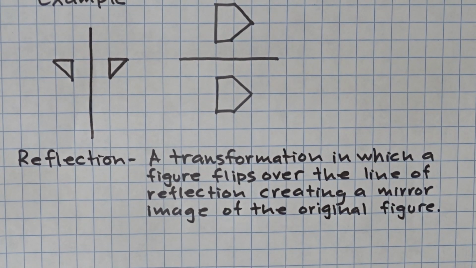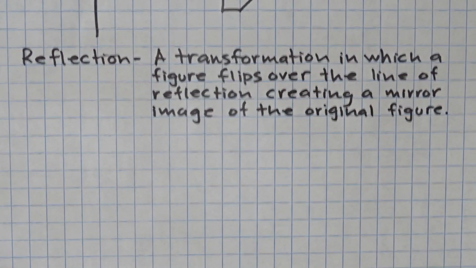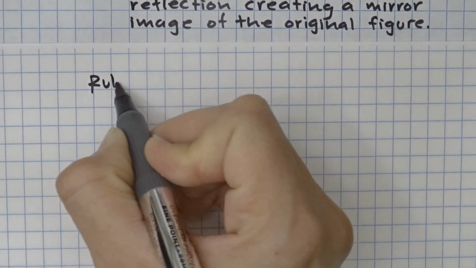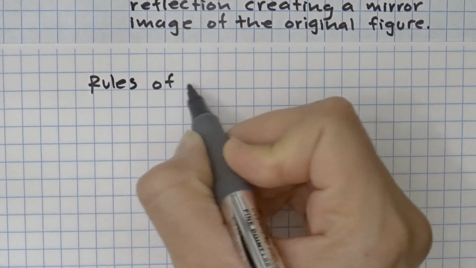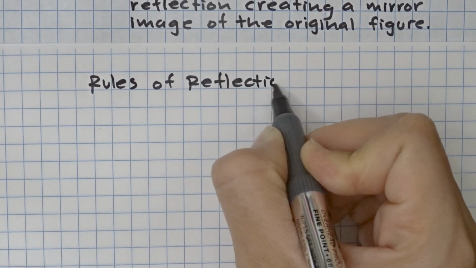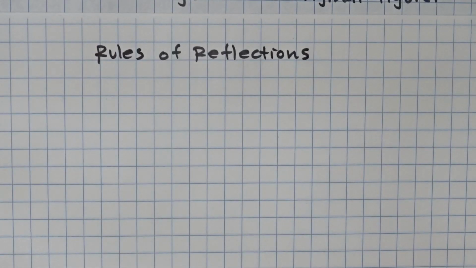So just to get some rules out of the way before we go ahead and start some examples. Let's go over some rules of reflections. All right, so we understand that a reflection looks like it's been flipped over.